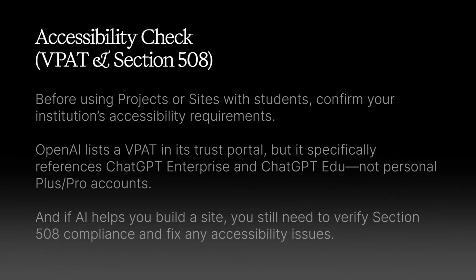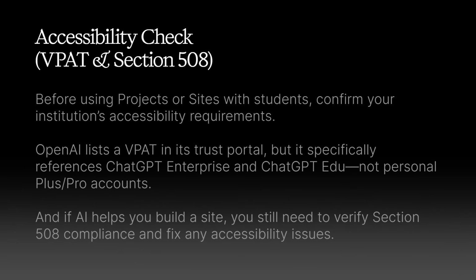I have discovered that OpenAI does have a VPAT listed in its trust portal, but the public information specifically references ChatGPT Enterprise and ChatGPT EDU accounts. I would not, and I am not, assuming that means my personal Plus or Pro account has been cleared for whatever accessibility process my college requires.